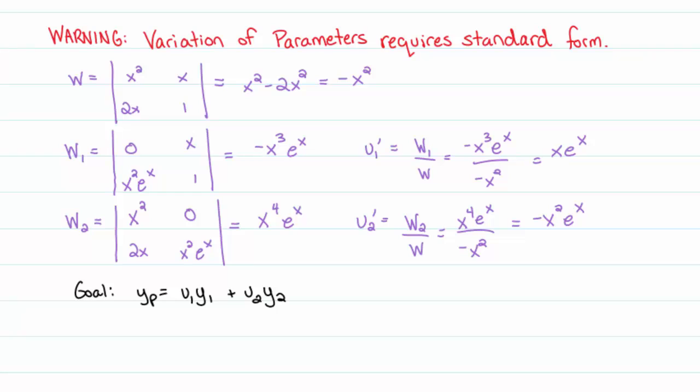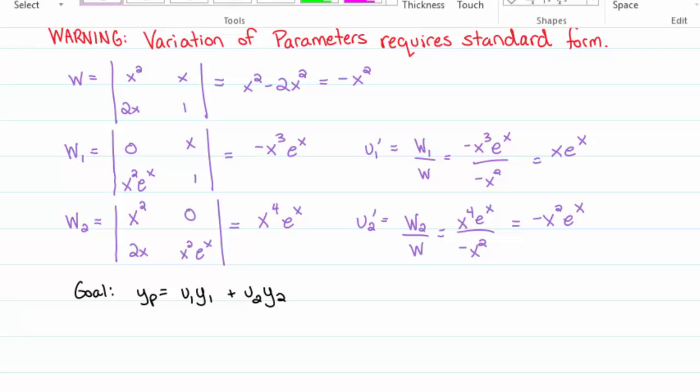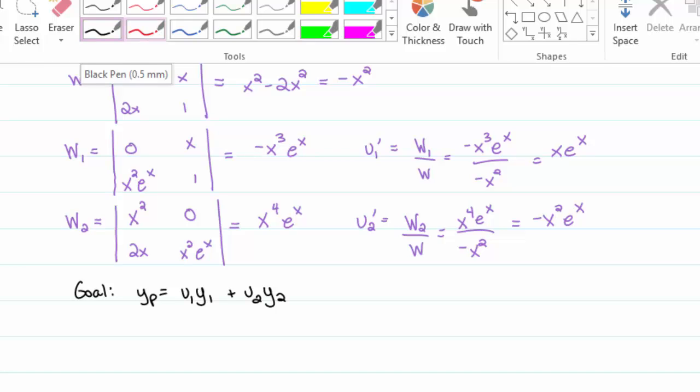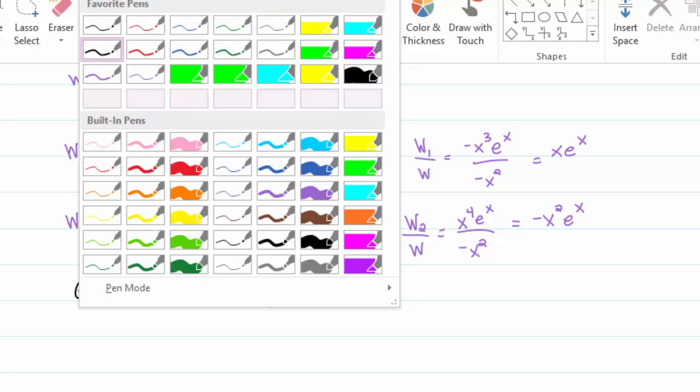The powerful part of using the Wronskians, or the variation of parameters method, is that it computes during the process all those unknown parameters that we would normally use when we do comparison of coefficients or undetermined coefficients methods. So anywho, let's go ahead and integrate both sides of u sub 1 prime. Let me get the right pen color back.